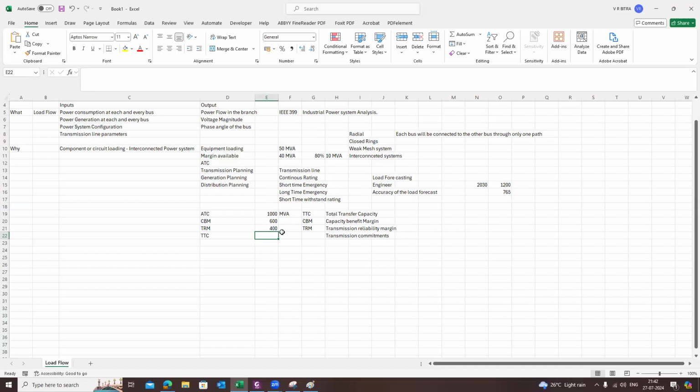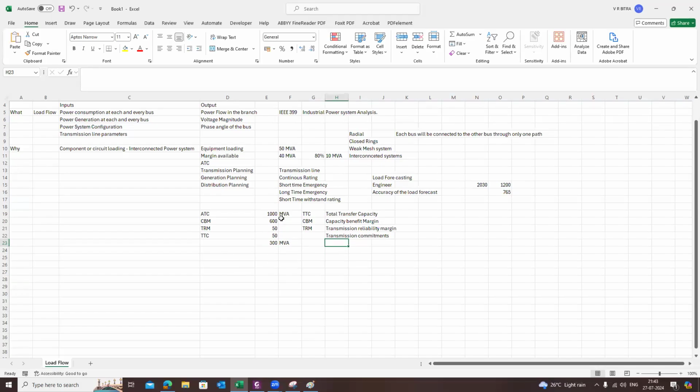Let's suppose I assume CBM as 50 and TRM as 50. So the total is 1000 minus 600, the existing one, minus the capacity benefit margin and transmission reliability margin. That means 300. Please maximize the screen. Yes. So 300 MVA is the available transfer capacity.